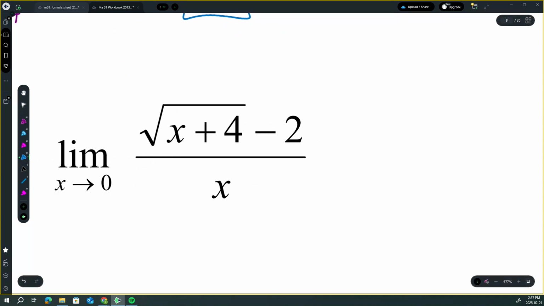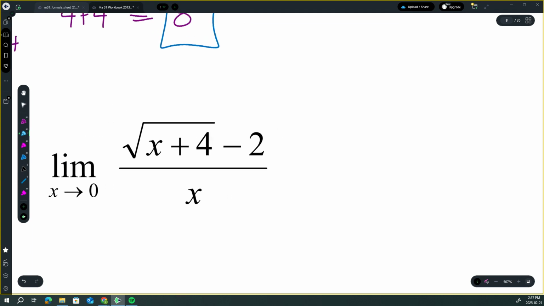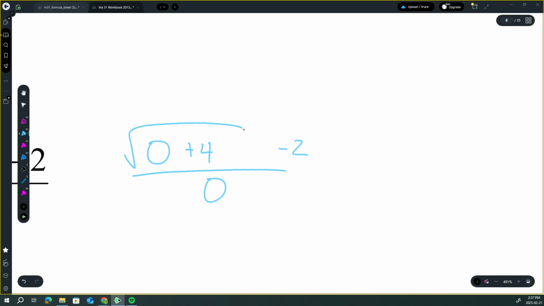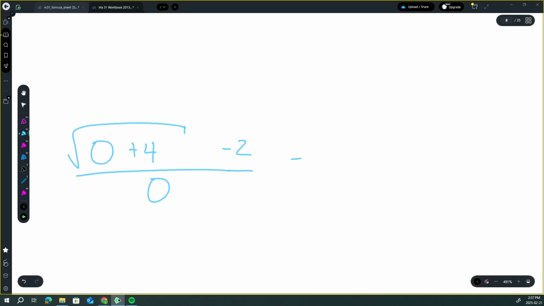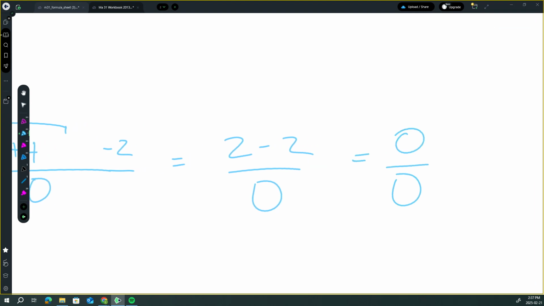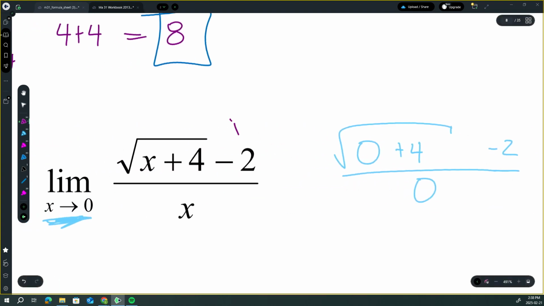Again, if we substitute in 0, which is what x is approaching, we get the square root of 0 plus 4, minus 2, divided by 0. 0 plus 4 is 4, the square root of 4 is 2, and this turns into another situation where we have an indeterminate function.